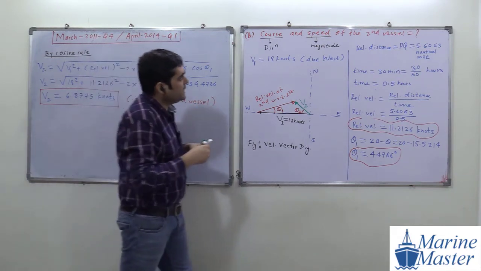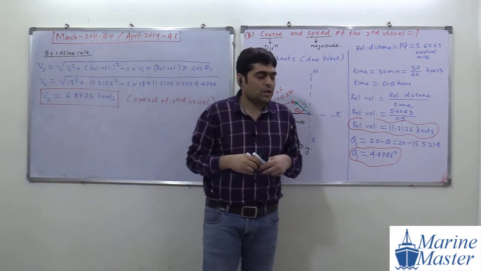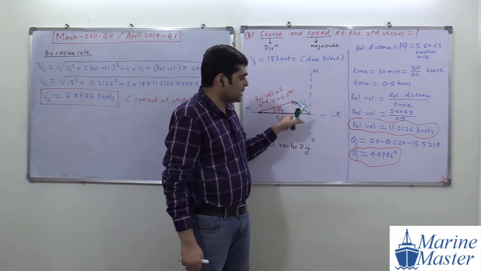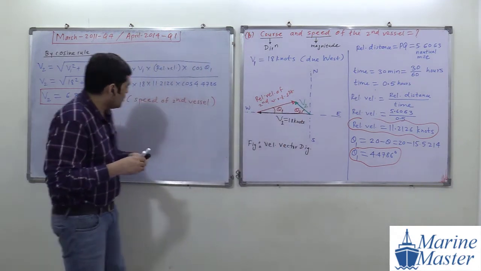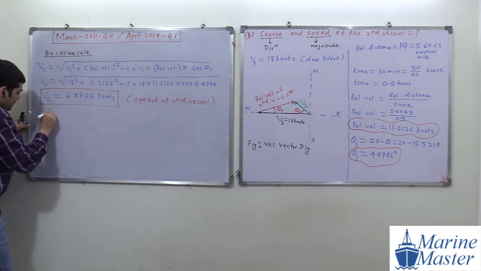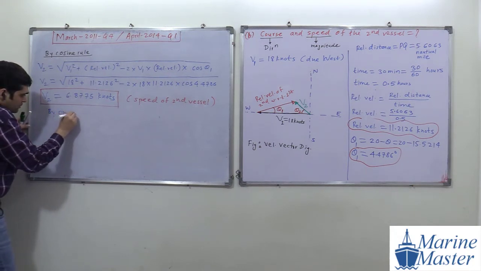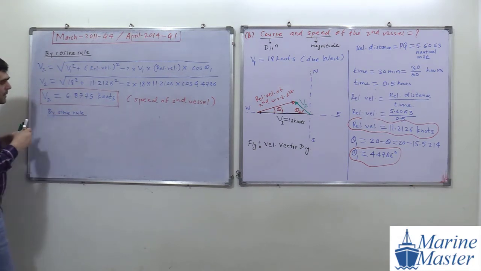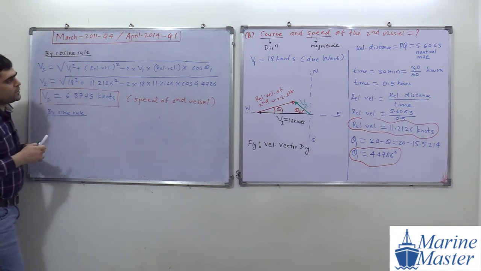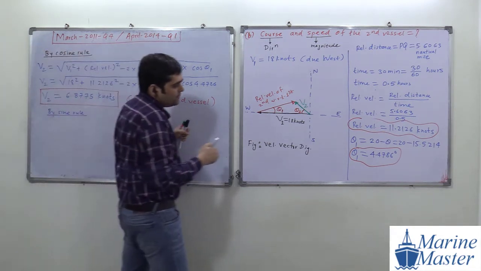Now what we need is the course. Course means direction. For the course, we need the value of this θ2. And how to get θ2? We are going to use the sine rule. By sine rule we have to find out θ2.